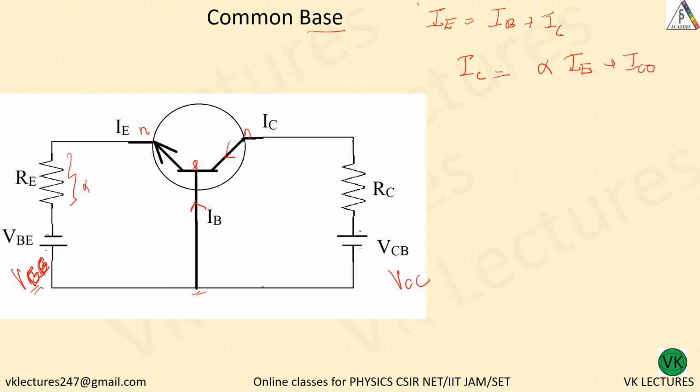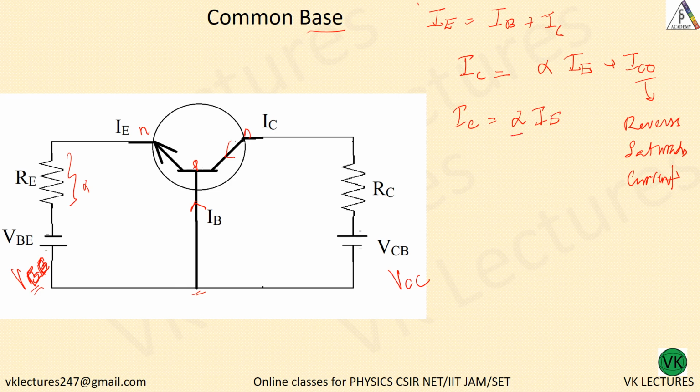This IC naught is the reverse saturation current, a negligible value. So you can write IC is equal to alpha times IE.